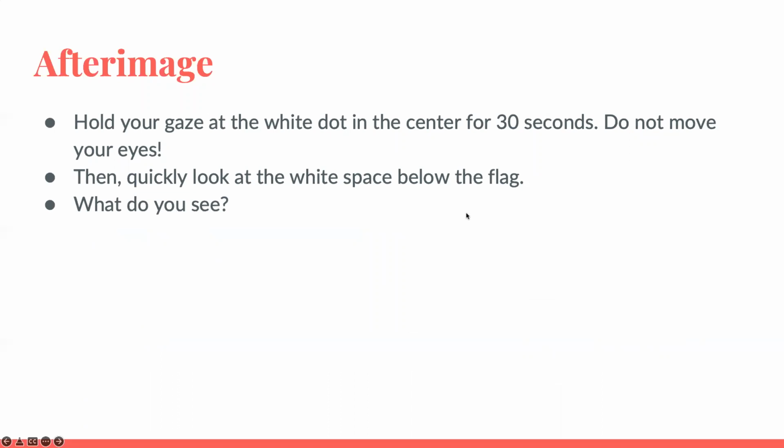If you go to this worksheet that looks like an American flag, although differently colored, you will see the afterimage. The way to look at this illusion is I want you to fix your gaze. Really just look at this image and fix your gaze onto the white circle in the middle.